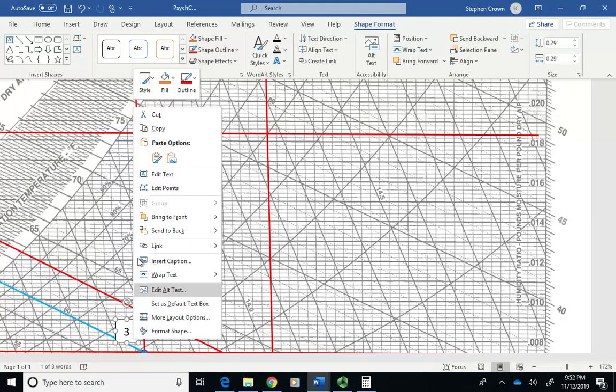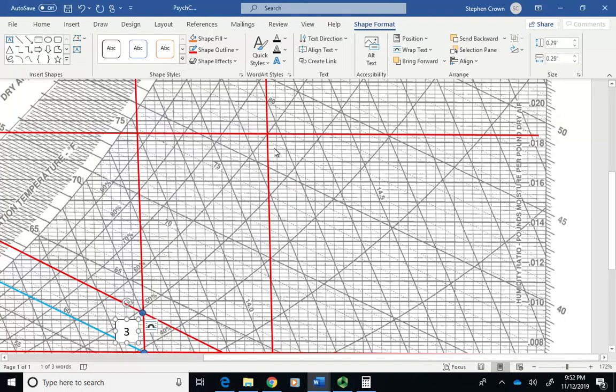Guess I can label it. Actually, let me see if I can get both of them together.